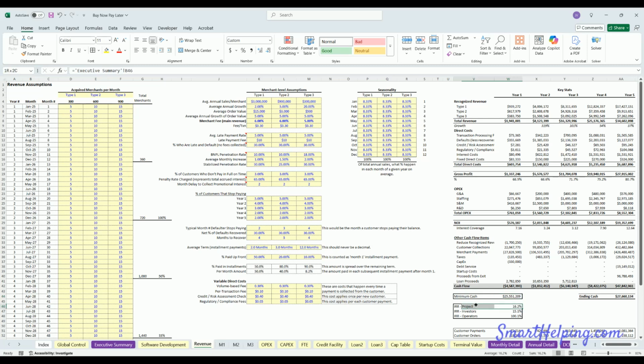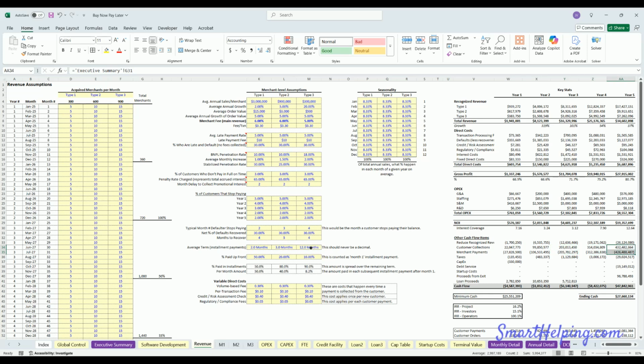The IRR of the project, investors and operators, cash flow per period, and based on how you recognize revenue, this is not actually how much cash you have coming in, because remember, the moment you pay the merchant is when you actually recognize revenue, but you're collecting that as a receivable from the customer over time. So we have customer collections and merchant payments here to show the actual change in cash each period.